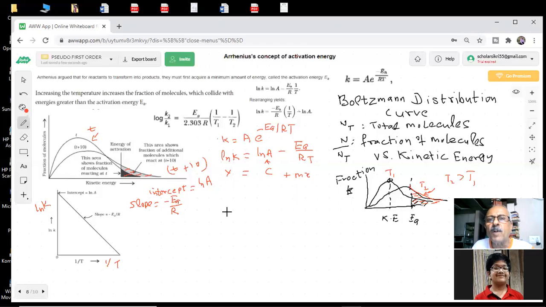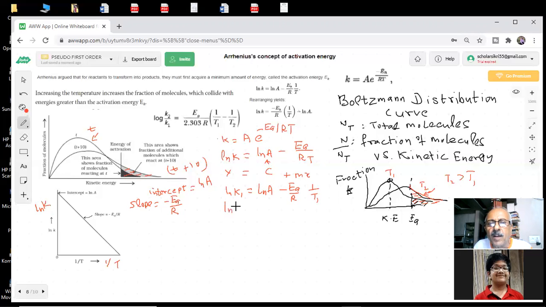Further important point about this: supposing I have temperature T1 and I increase the temperature from T1 to T2, then what is going to be the result of that, students? You are saying ln k1 equals ln A, which is constant, minus Ea by R into 1 by T1.